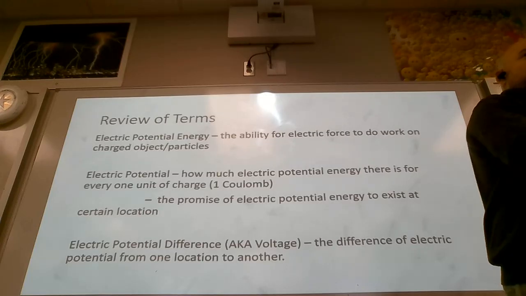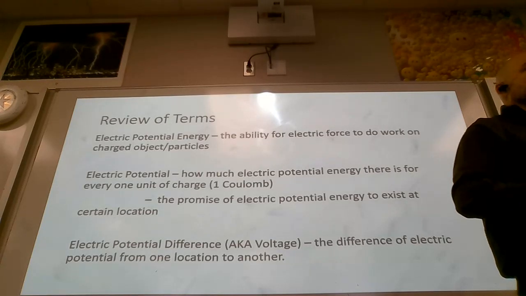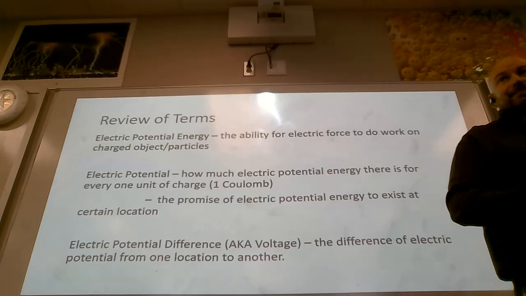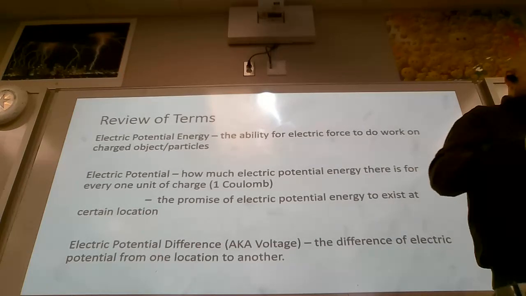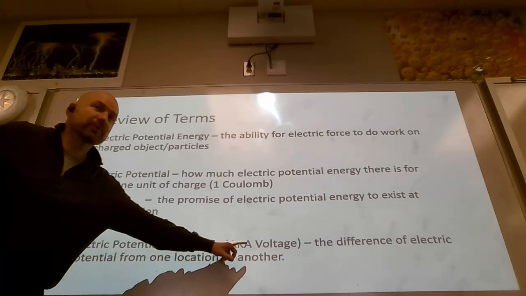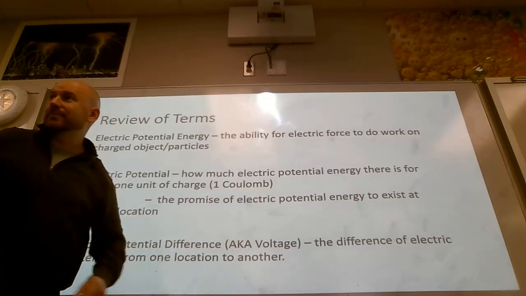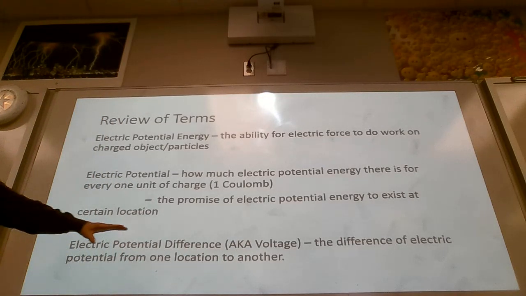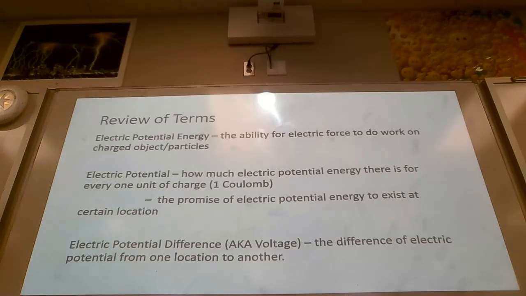How much energy there would be per electron, proton. So electric potential difference is simply the difference in electric potential from one location to the next. This, though, is voltage. And that concept here, we'll use that the entire semester.